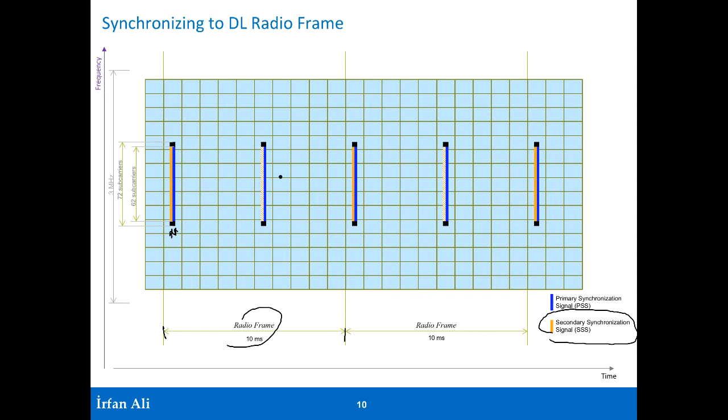The other important information that is provided in the primary and the secondary synchronization signal is something called the physical layer cell identity, or it's also called PCI.